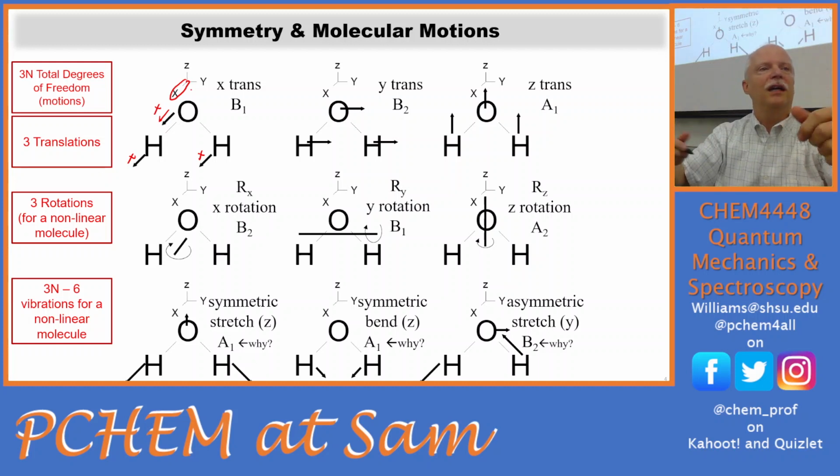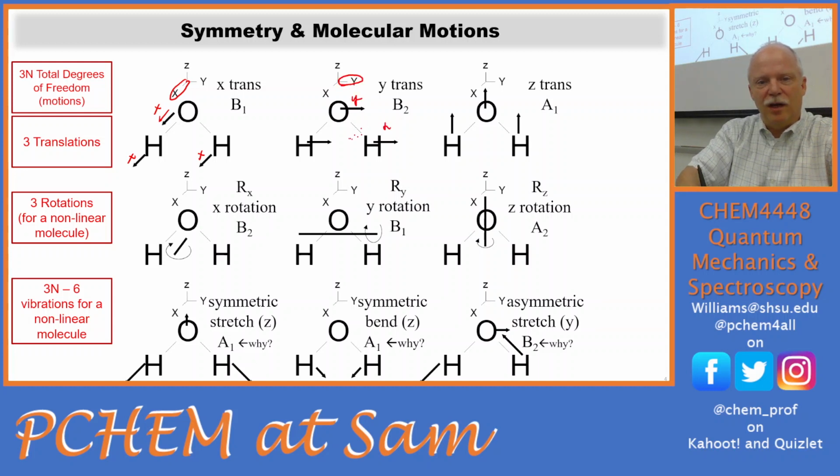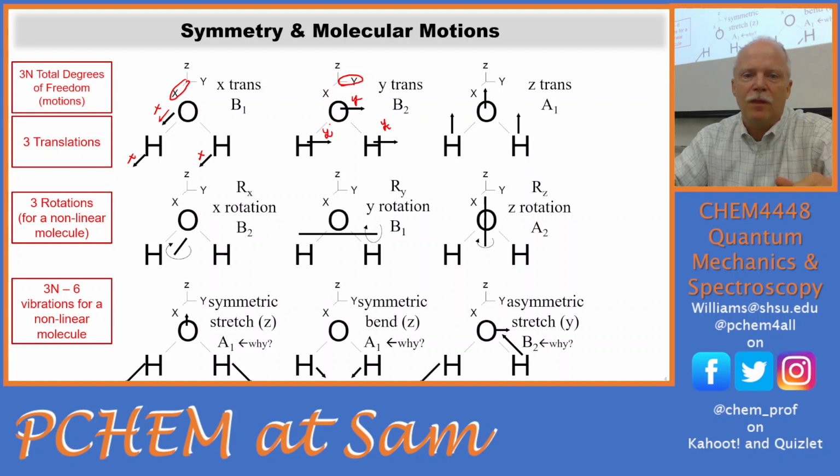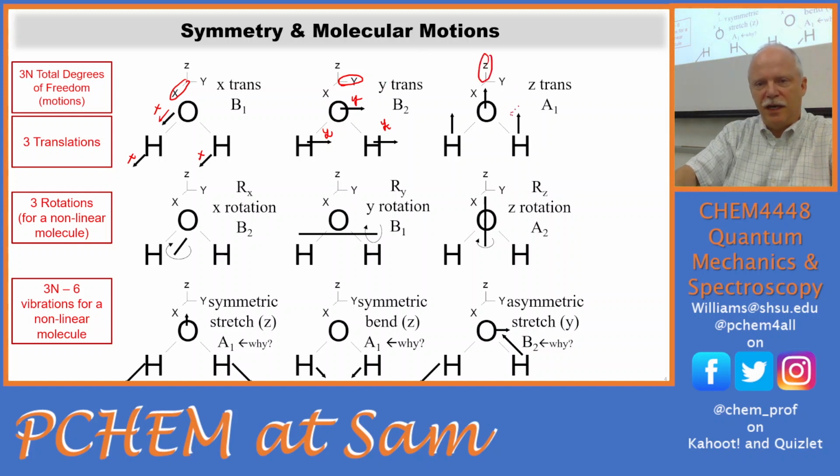Since they're all moving in X, that's translation in X. It's a little easier to see for Y. Y is going to the right, so that's Y. So I have 3 translations. All 3 atoms are moving in the Y direction, so that's Y translation. And then here, Z. I've got the Z axis here, and all of these are moving in Z.